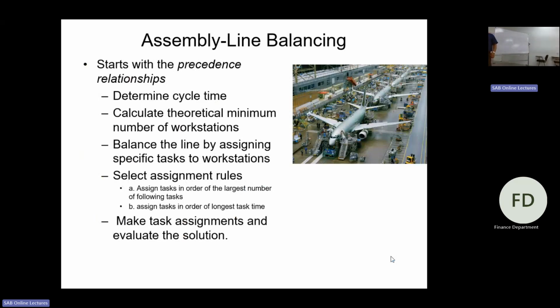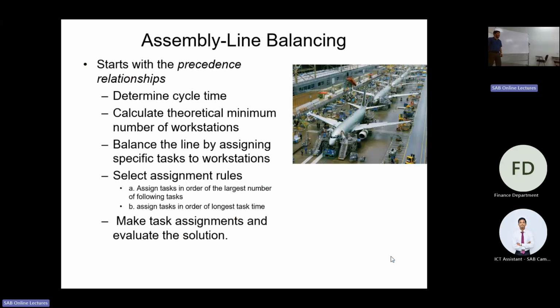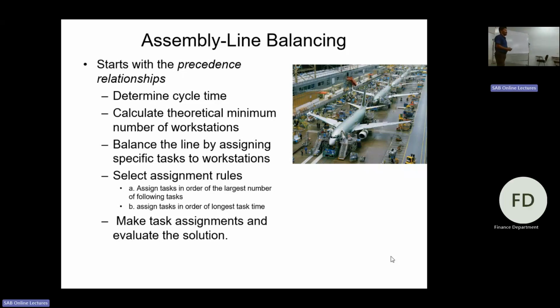So we were trying to understand how this type of layout should be designed and what was the technique we identified. What is the name of that technique? What was the technique for this product-oriented layout design?